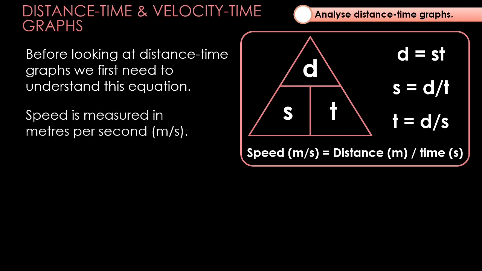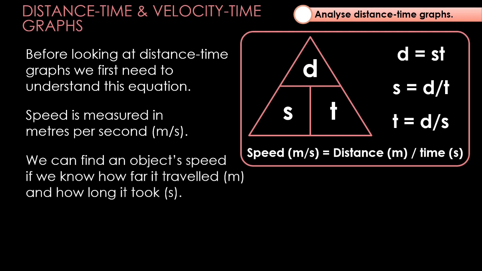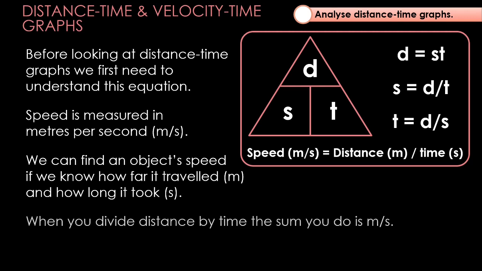We measure speed in physics. We normally use meters per second. So if you're given values in kilometers or minutes or hours, you're going to need to convert them to get down to the regular standard units, which are meters per second. We're able to find something's speed if we know how far it travelled, that's the m bit, and we know how long it took to get there, that's the s bit.